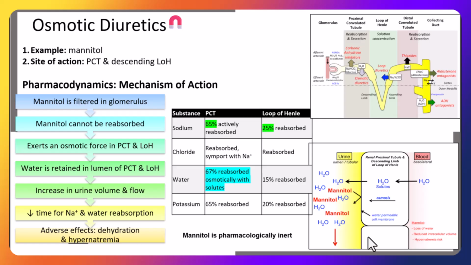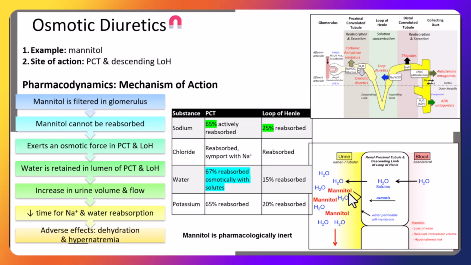Here's a good little example showing you this is the tubule of the nephron here, where urine would be. So this is the inside part here. This is the cell, the epithelial cells that actually line and make up the tubule system. And then this is the blood. The blood would be outside of it. That's what we would take water and sodium back into in most cases, in normal cases.